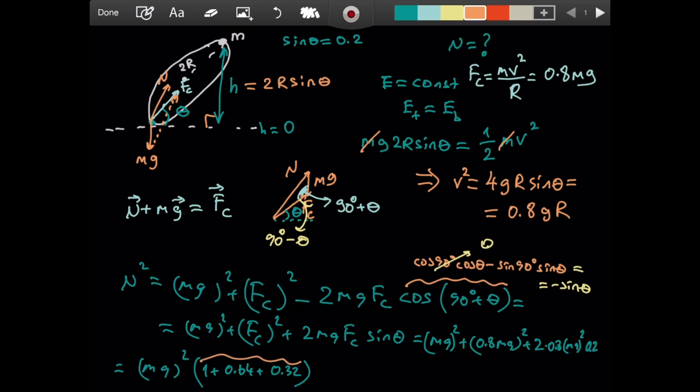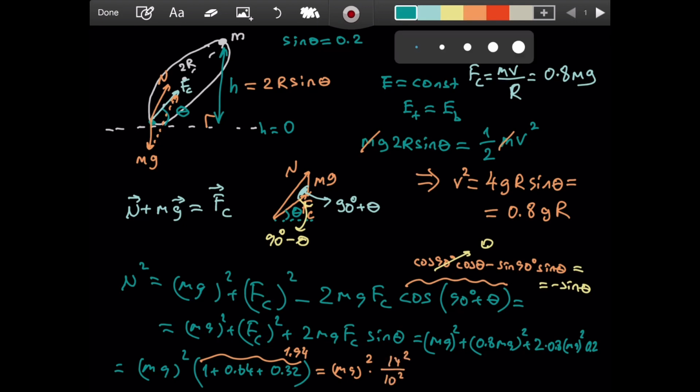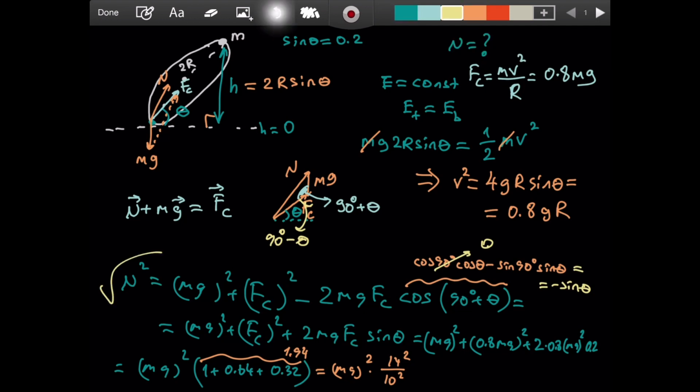So all of this gives us 1.94, which is, we have (mg) squared again, times 1.94 is 14 squared over 10 squared. Then if we take the square root here and here, we get the result that n is equal to 14 over 10, so 7 over 5 mg. Alright, this is our final result.